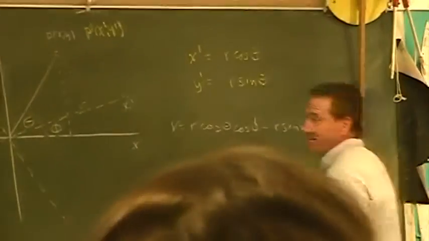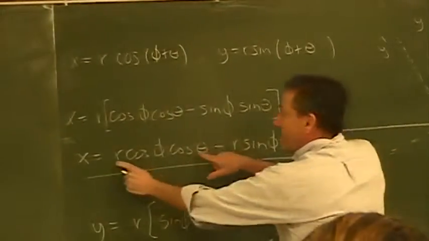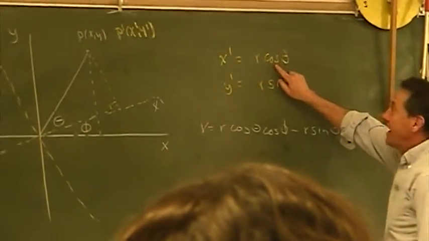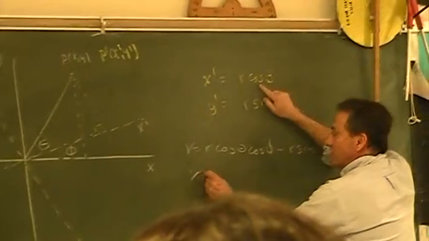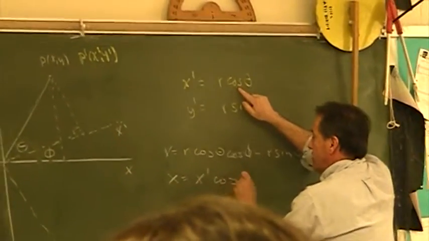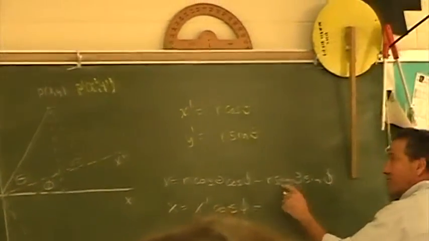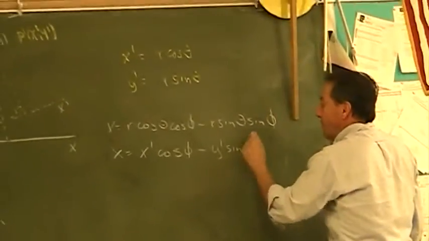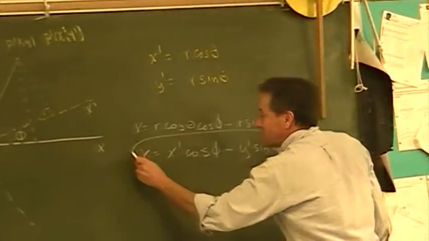Did I copy it right? I just put these together. So you can put in x prime for r cosine theta. X equals x prime cosine phi minus y prime sine phi. We need this.